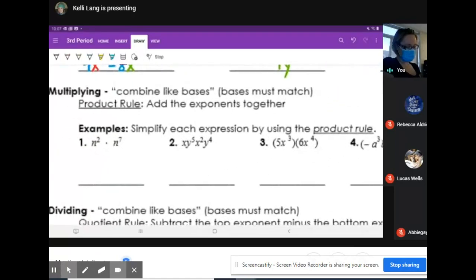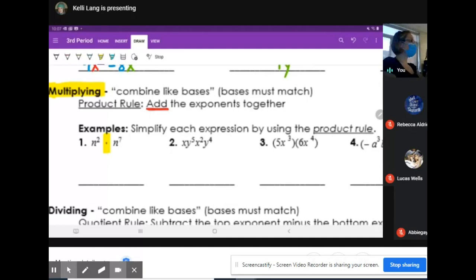The next rule is what happens when we want to multiply together two bases. When we want to multiply together our bases, the rule we need to apply is add the exponents. Now that's a little weird, right? We're multiplying something. So notice here, we are multiplying two things together.